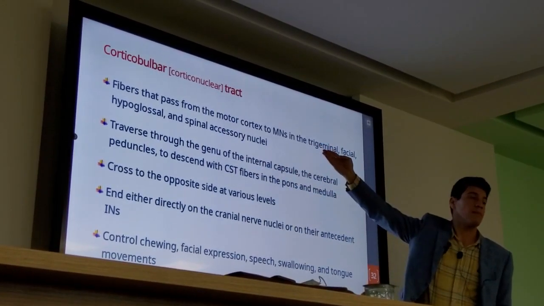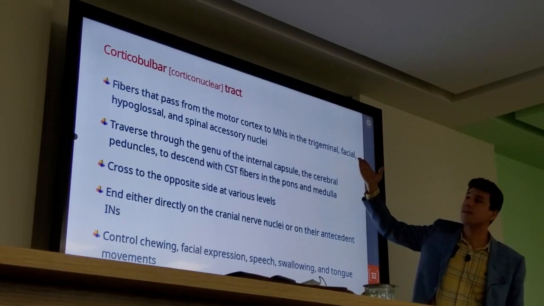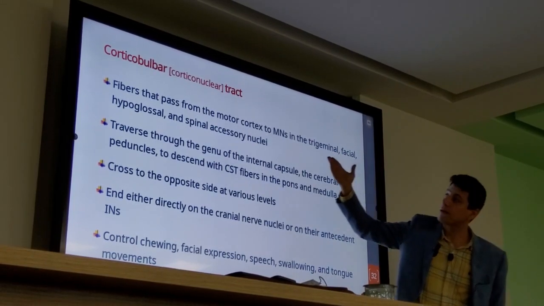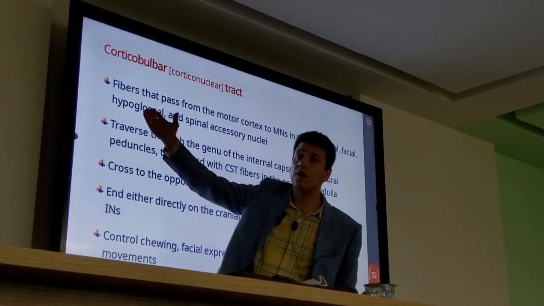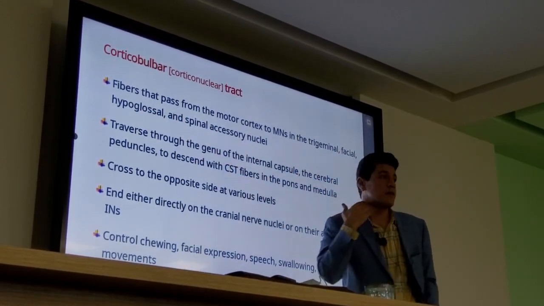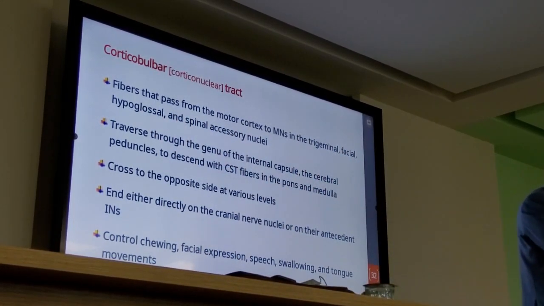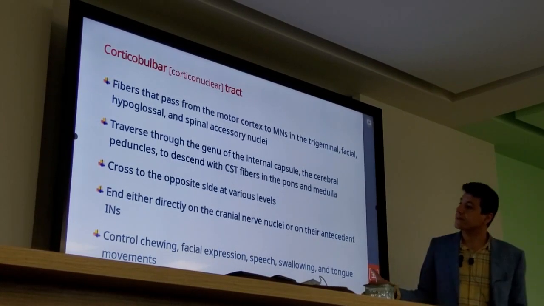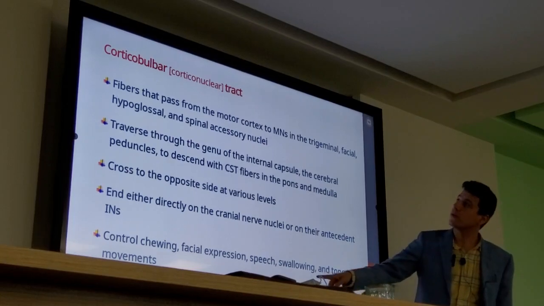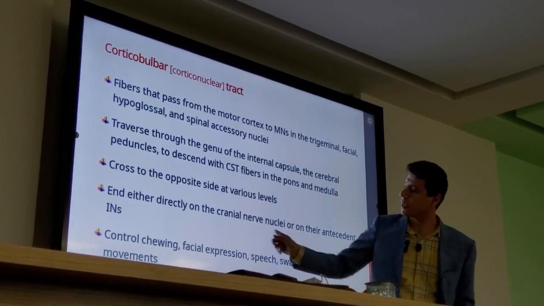So this is for chewing and mastication. This one for facial expression, right? This one for the tongue, and this one, sternocleidomastoid, right? This movement. So these movements are controlled by this pathway. Okay.